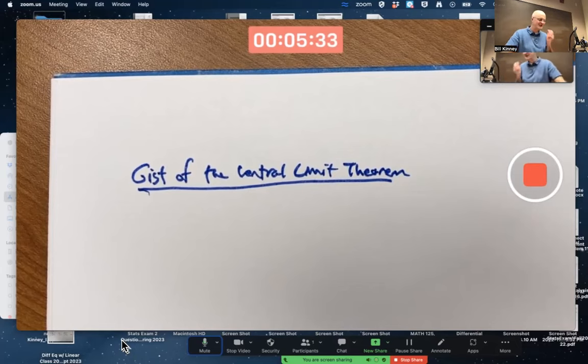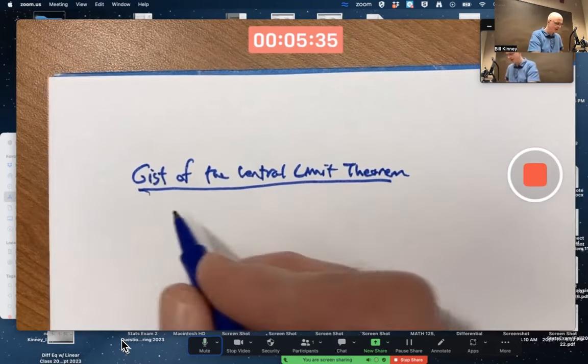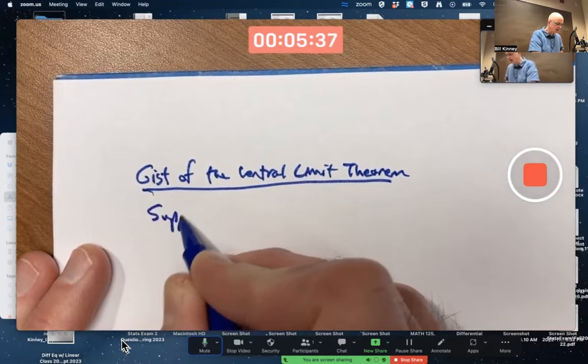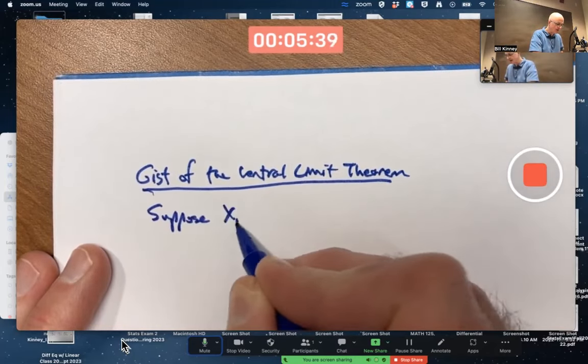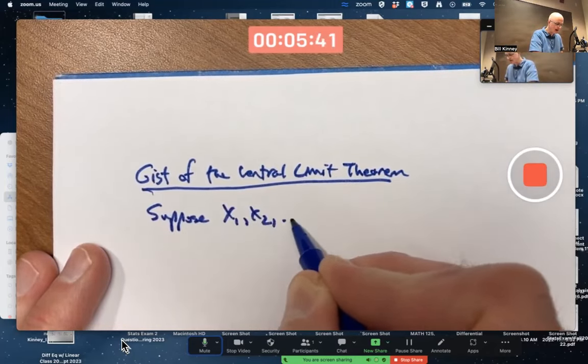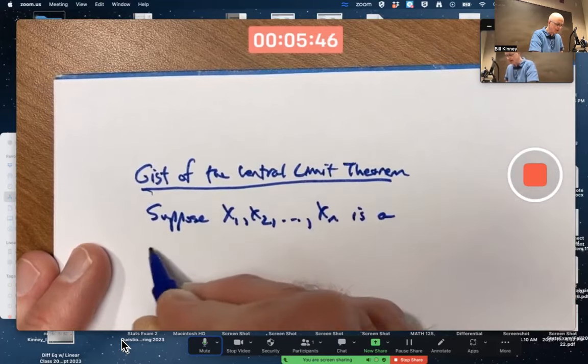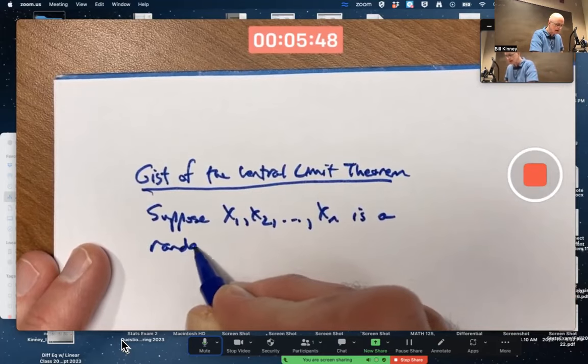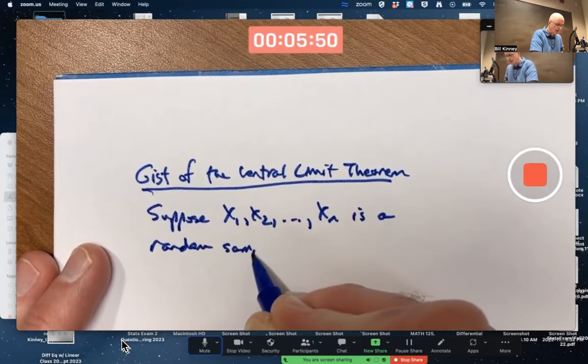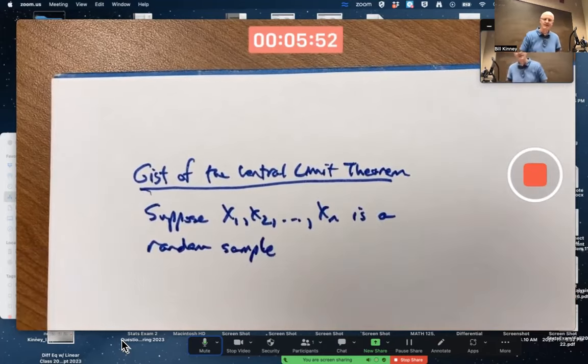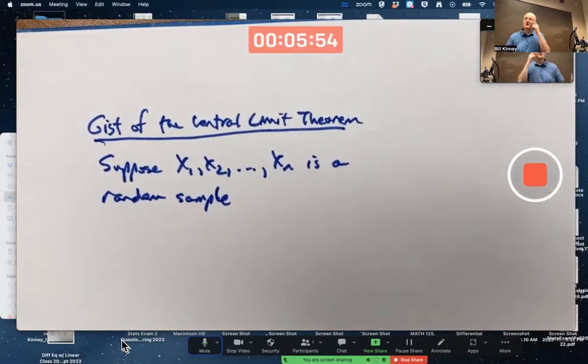Okay, so we'll call it the gist of the central limit theorem. Suppose X1, X2 through Xn is a random sample. When you read random sample, it's almost always a good idea to take 5 to 10 seconds to remind yourself what that means.